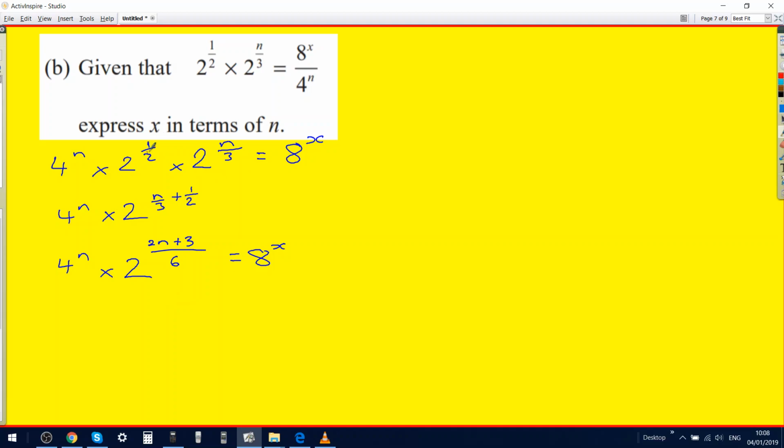Remember how you could multiply these two because they're both a base 2? Make everything 2 to the power something. So let's say 2 squared. 4 is 2 squared.